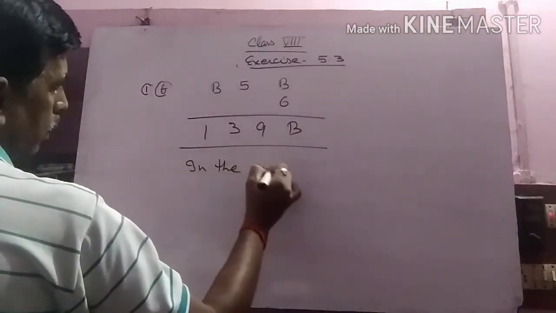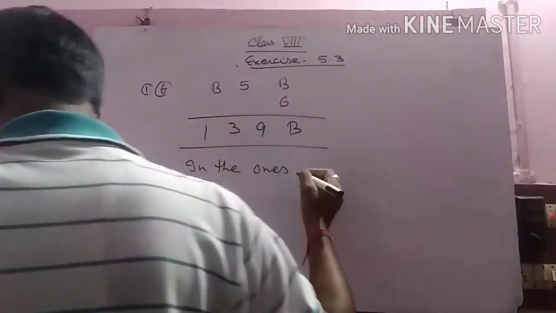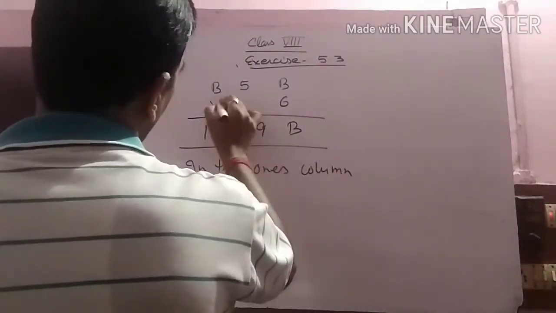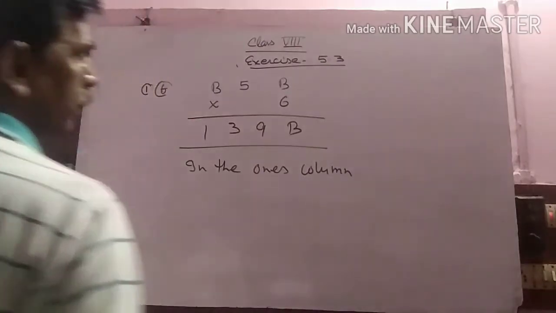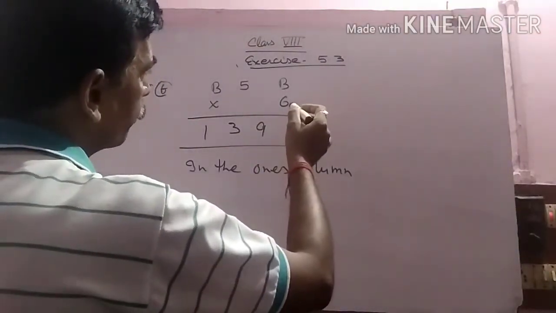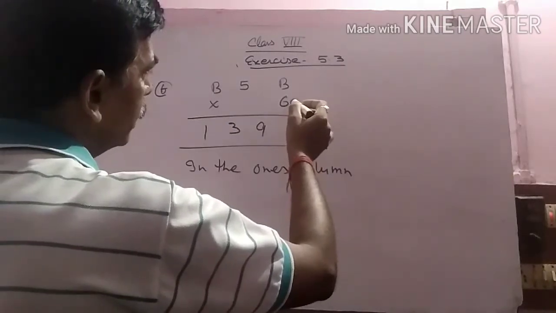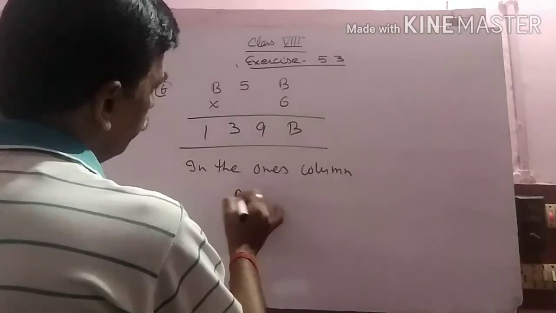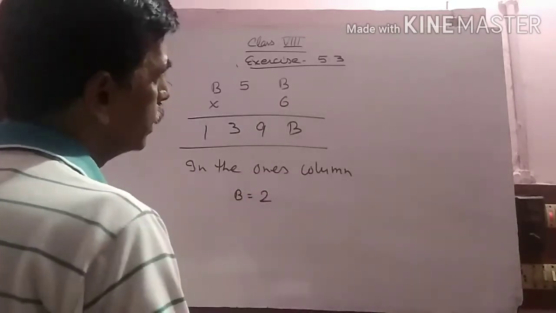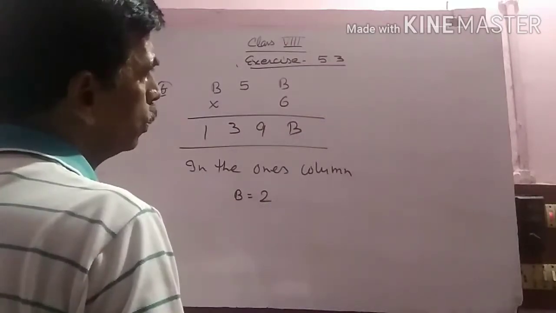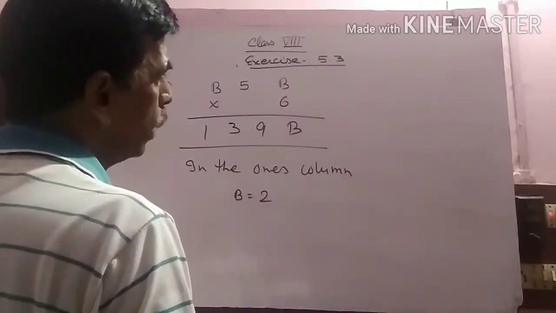In the ones column, we have to multiply. So what we have to multiply, the result will be same. Suppose the 6, it is not clear, but you can write like this. Suppose we have taken B is equal to 2. So 6 into 2 is equal to 12.